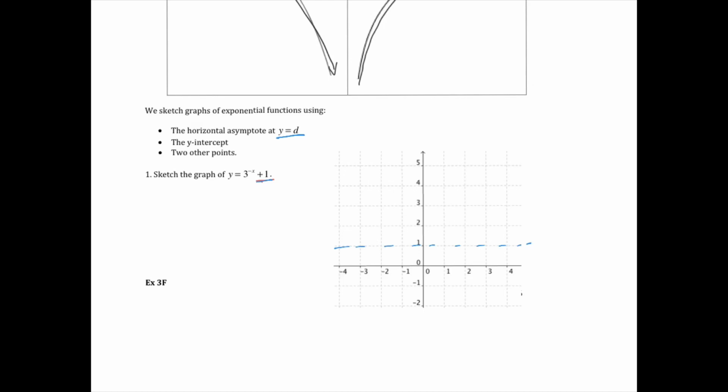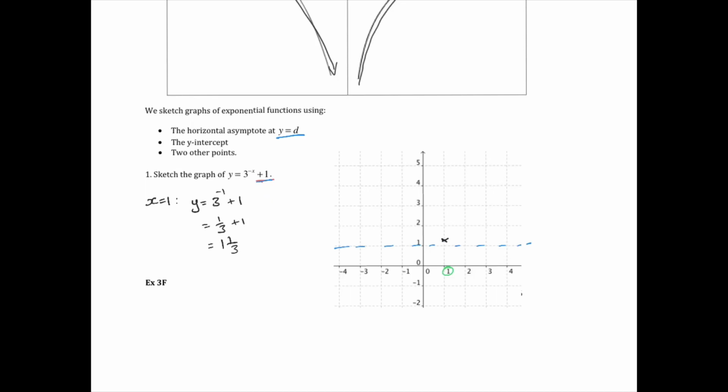So if I put, for instance, 1 in there, when x is 1, I get y equals 3 to the negative 1 plus 1. So I'll get 1 on 3 plus 1, or 1 and a third. So that's just a little bit over the asymptote.